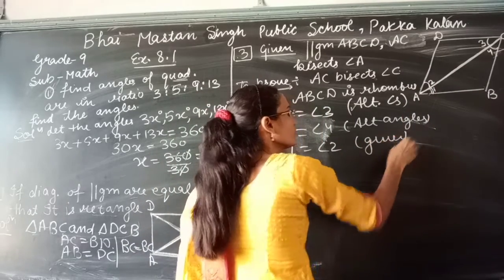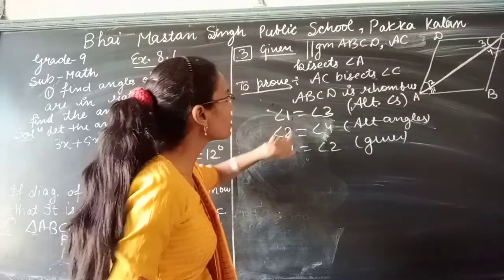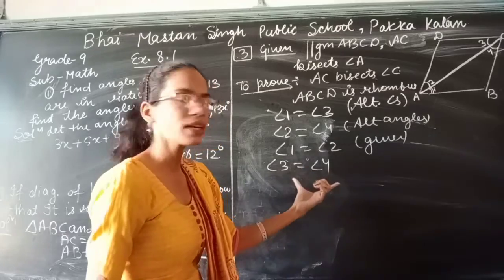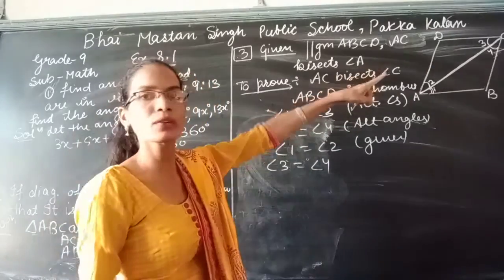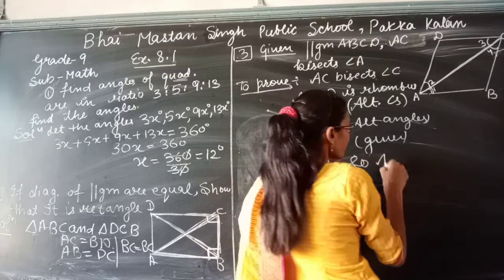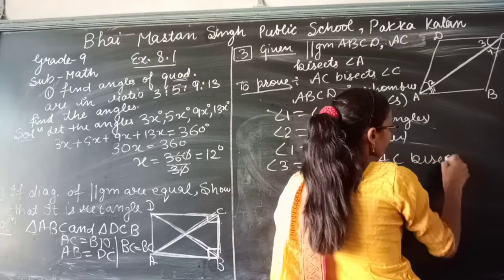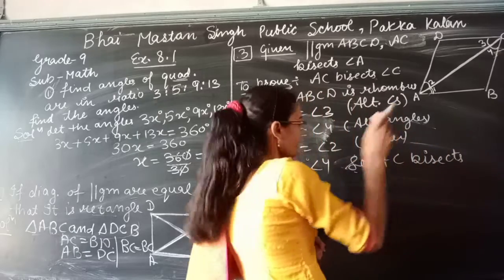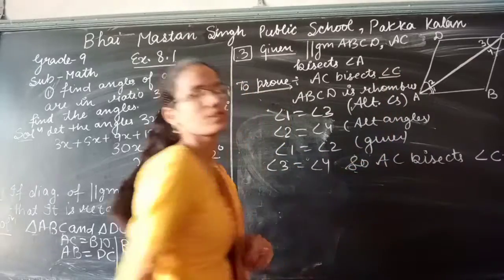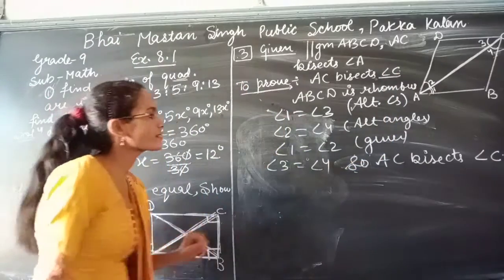This is given. So 3 and 4 are automatically equal, which means AC bisects angle C. The first part is proved.